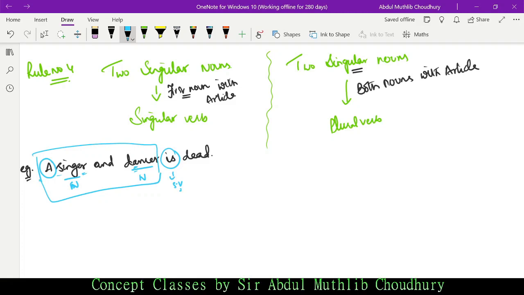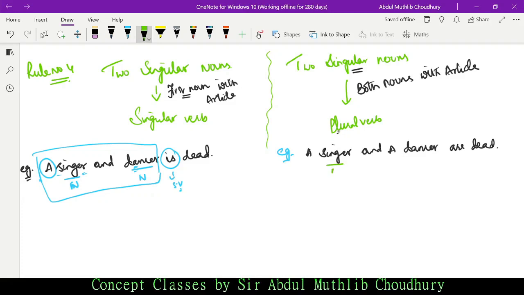Now how do you separate this? In case these are two different people, you use plural verb. So the sentence will be a singer and a dancer are dead. I hope it's clear.